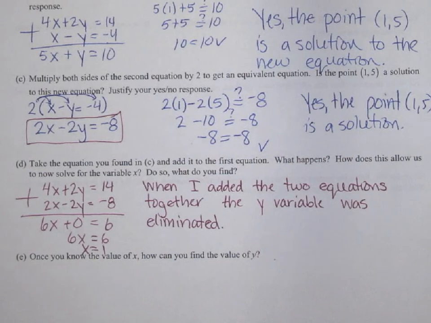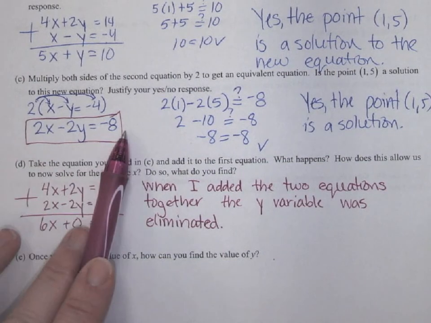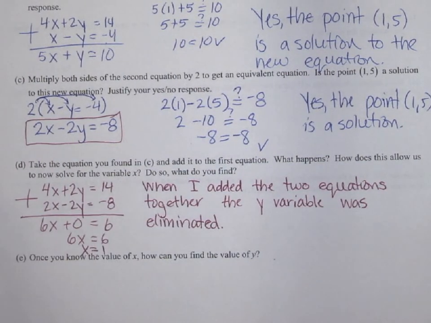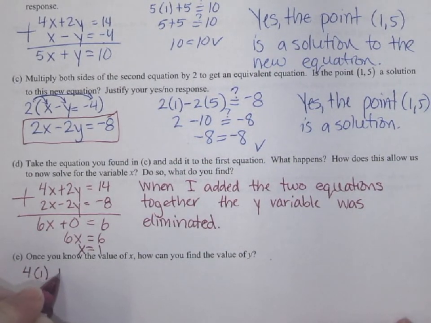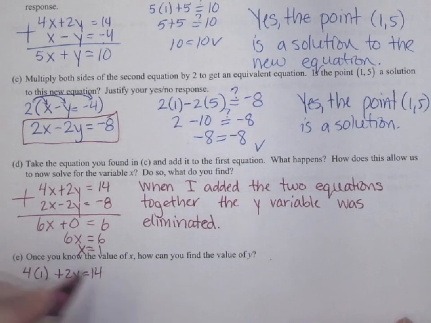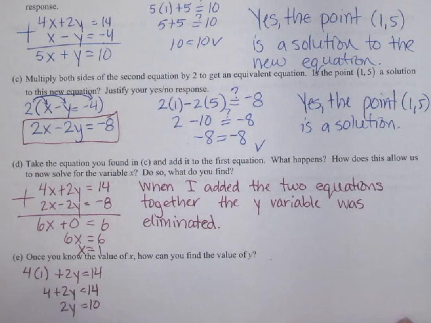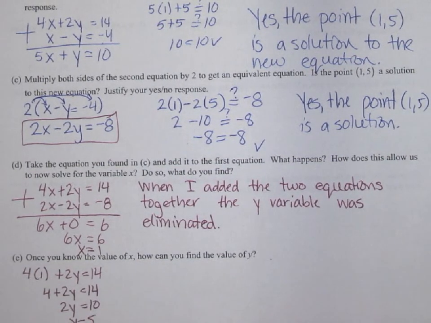Now the important part here is that I'm always going to go back to one of my original ones. The reason being, what if I forgot to distribute, or I distributed incorrectly, or made an arithmetic error? It's always best to check with your original work. So if I have 4 times 1 plus 2y equals 14, I still get that y is 5.